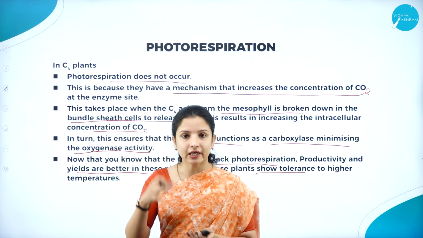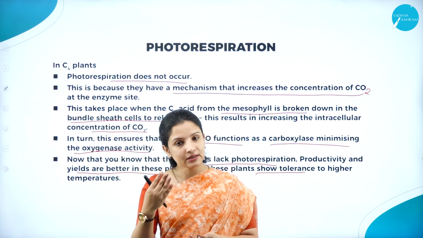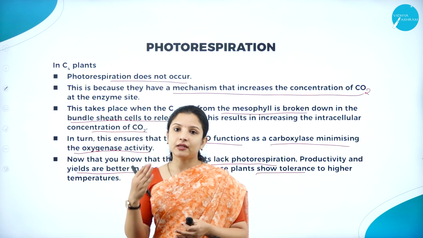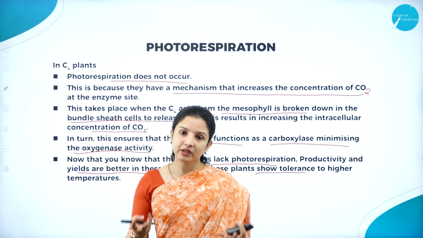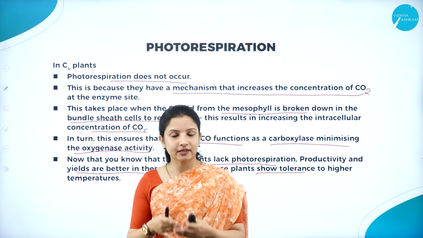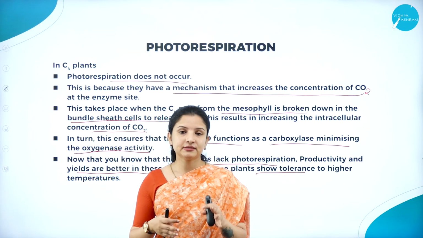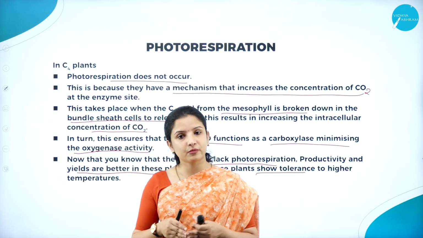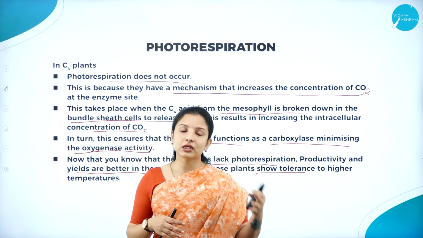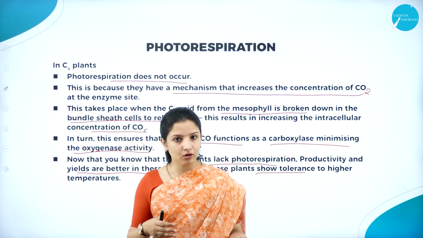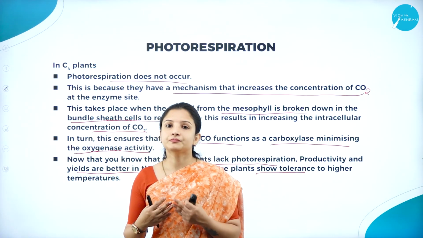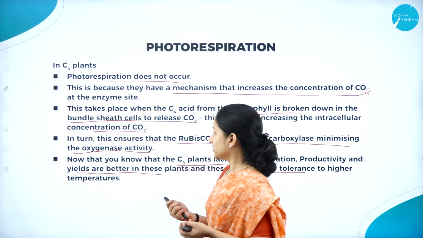That carbon dioxide will be utilized in the C4 cycle or in the Calvin cycle itself, and therefore the plant will be able to survive under any stresses. That is why C3 plants cannot be grown in all environmental conditions, but C4 plants can survive both in the desert or extreme environmental conditions as well as in mesophytic conditions, or in temperate and tropical conditions.